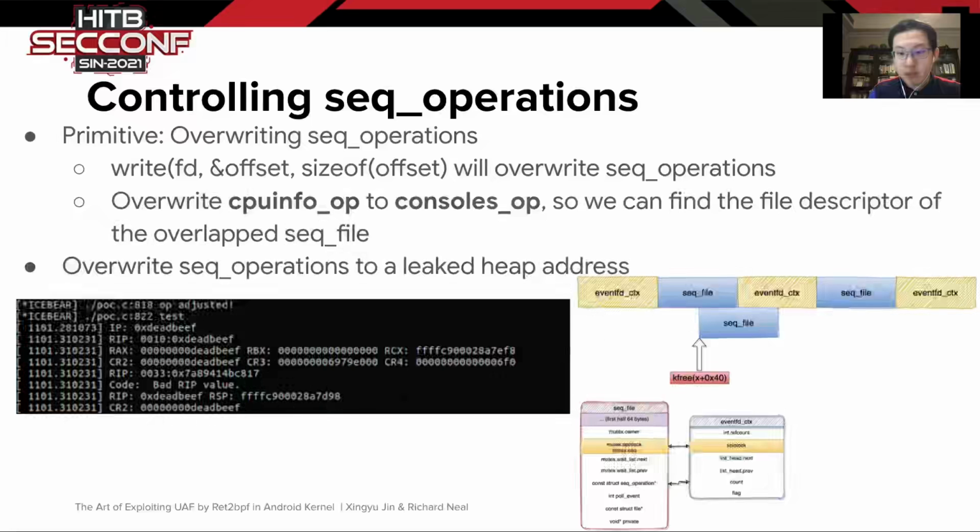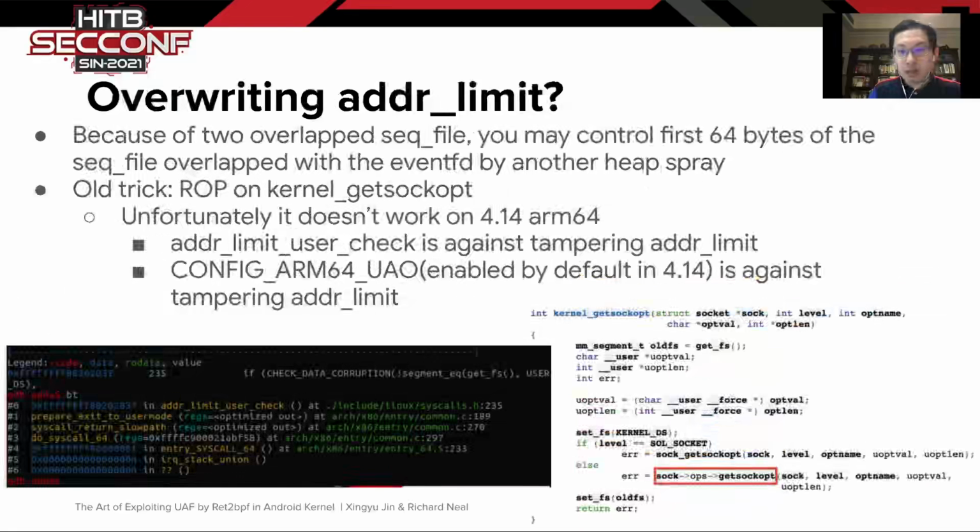As we mentioned before, the challenge here is how we can craft a seq_operations to control the kernel IP and perform privilege escalation. We might need to split the seq_file structure again in order to ask the kernel to use the crafted seq_operations correctly. Otherwise, the kernel might crash.